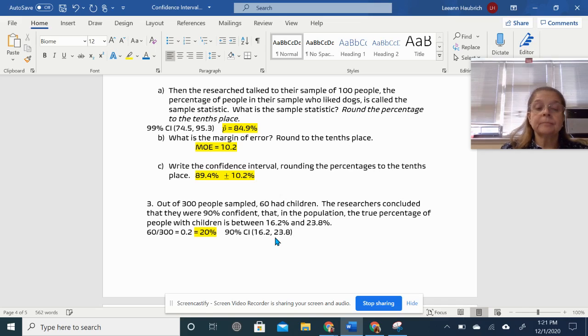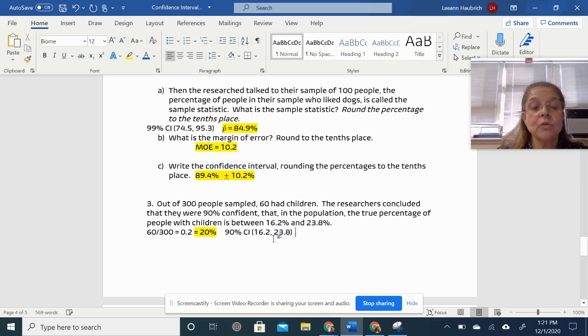And did they want anything else from here? They didn't even ask for the margin of error, which I can easily get because I already know this is 20. So 23.8 minus the 20, which should be right smack in the middle, would give me a 3.8 margin of error. But let's make sure, okay?